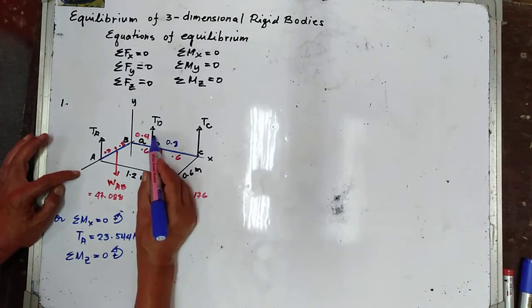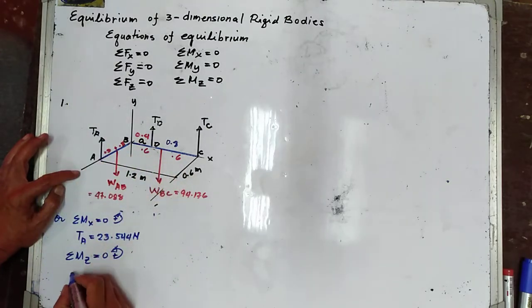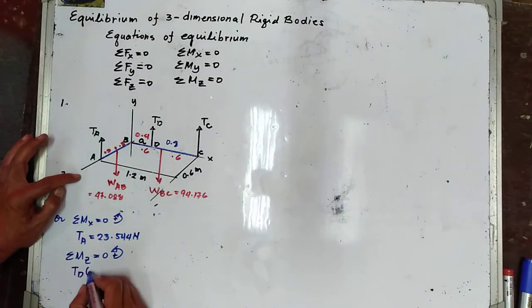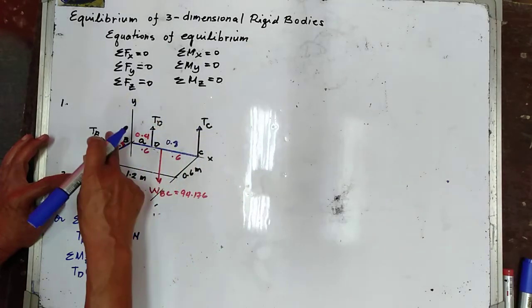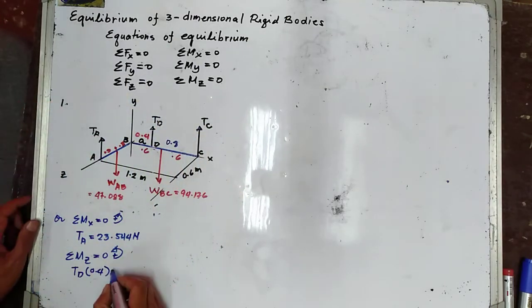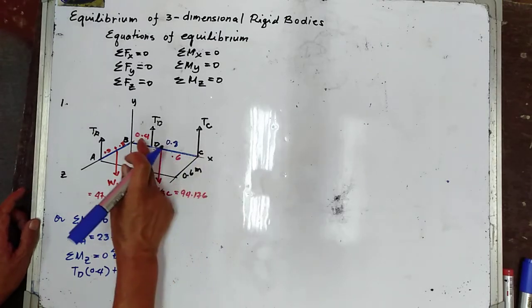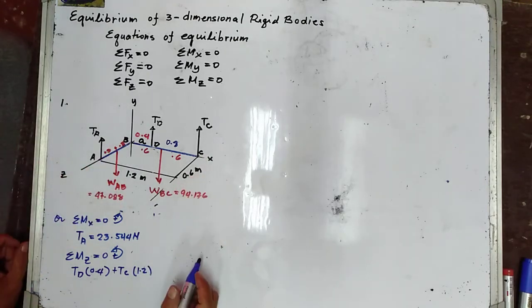So let's start with TD. TD is going counterclockwise, and the moment arm is 0.4. Next, TC is still going counterclockwise, so plus TC, the moment arm is 1.2.